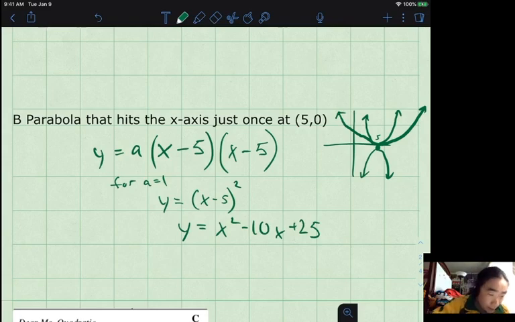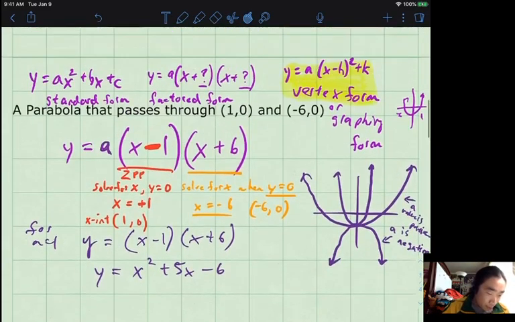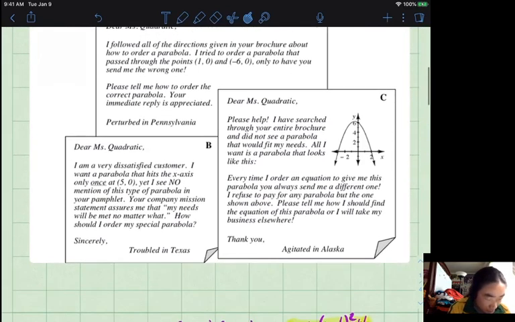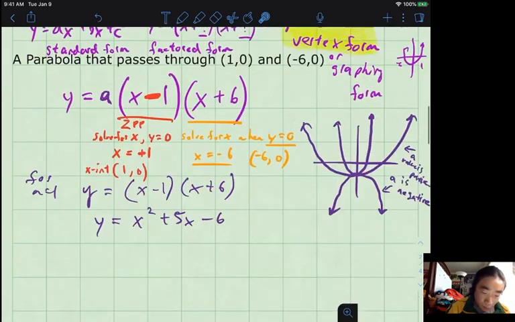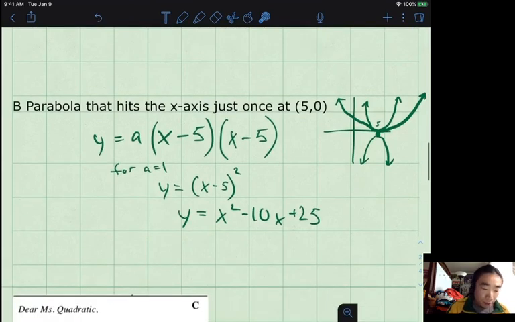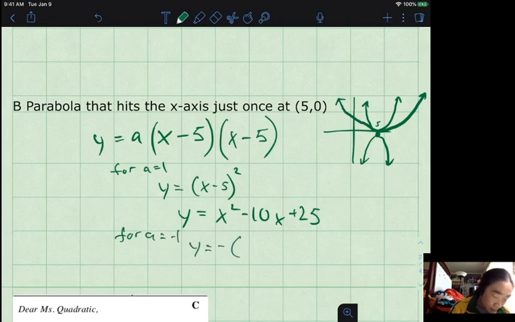So again, if we go back to the top, we see that this person was dissatisfied with their order. How do I order my special parabola? You have to tell me, does it point upwards or point downwards? Because it could look like, for a equals -1, y equals negative (x minus 5) squared, y equals negative x squared plus 10x minus 25.